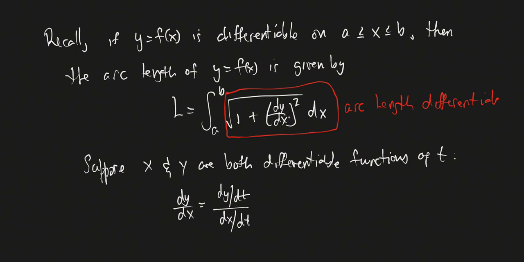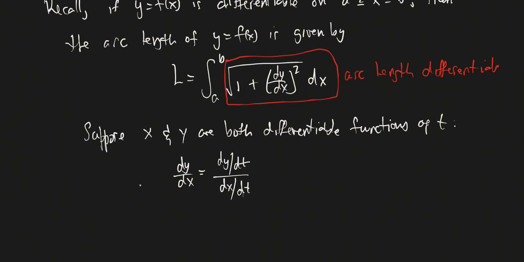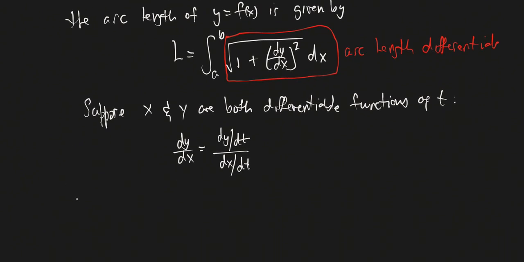So I'm going to do a little bit of algebra and see if we can express this arc length differential in terms of t, because if I can do that, then I can relate it back to these vector functions. Therefore, if I take the square root of 1 plus dy dx squared times dx, let's replace dy dx by this expression.